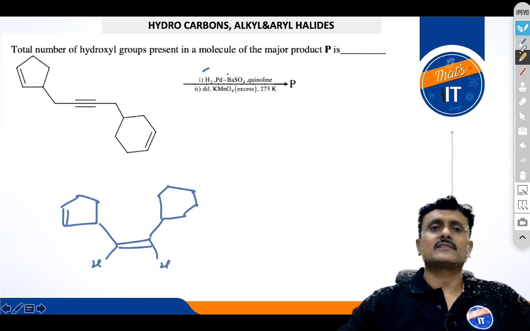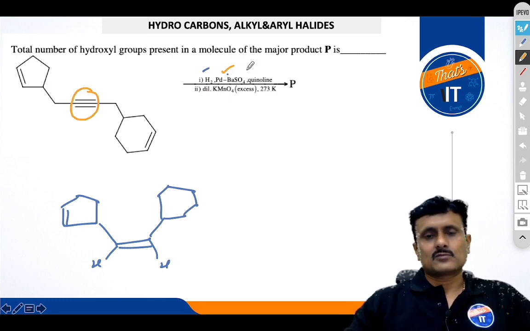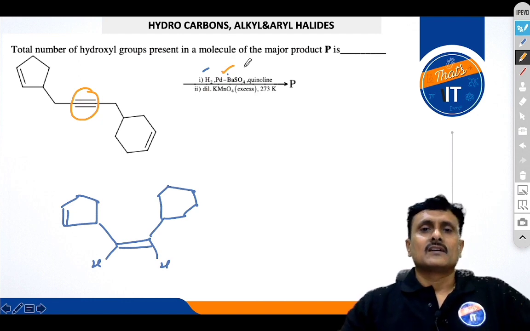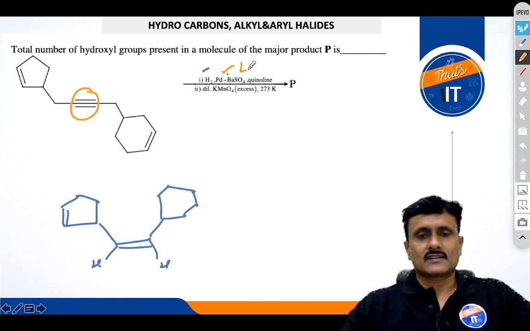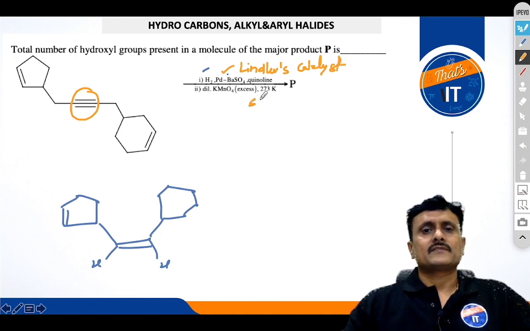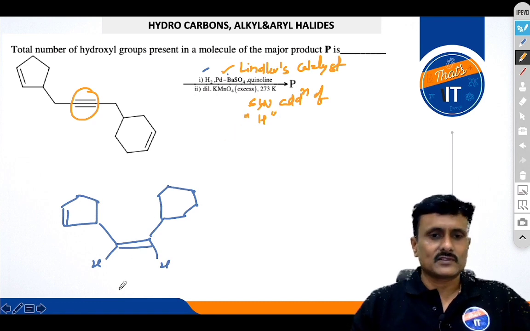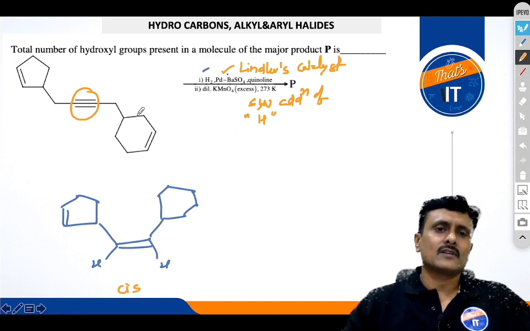You can see that you are adding over here. Alkynes are reactive towards the palladium barium sulfate Lindlar catalyst, which is nothing but syn addition of the hydrogenating agent. So that will give you a cis product. Alright.